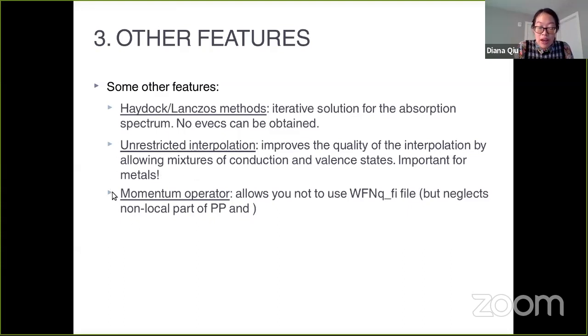And then finally, what I showed you before is we calculate the optical absorption spectrum using the velocity operator, V. Instead of the velocity operator, you can use a different operator called the momentum operator. This allows you to not use a shifted WFNq_fine file. However, the results it gives you are less accurate because it neglects the non-local part of the pseudopotential.